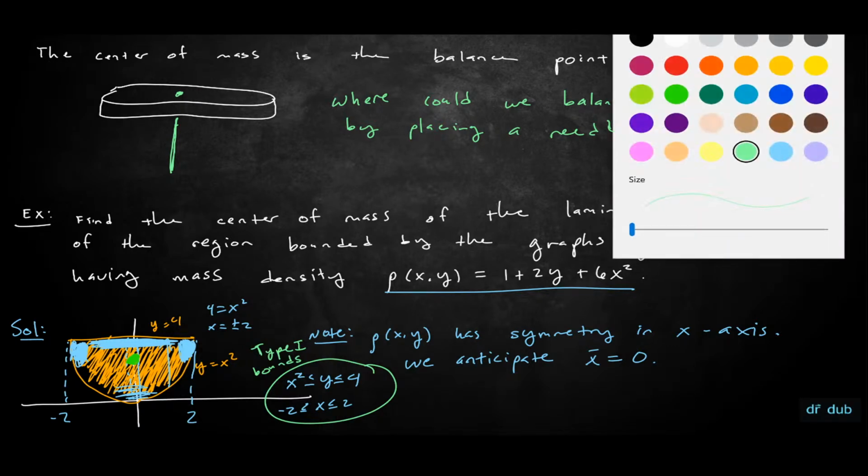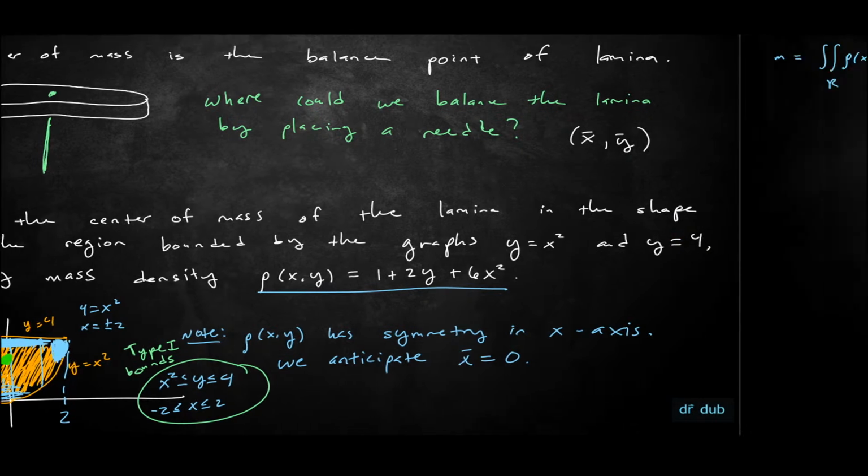So we've got our bounds, now we can do our double integral to get the mass. Integral from negative 2 to 2, integral from x squared to 4, of 1 plus 2y plus 6x squared, dy dx.